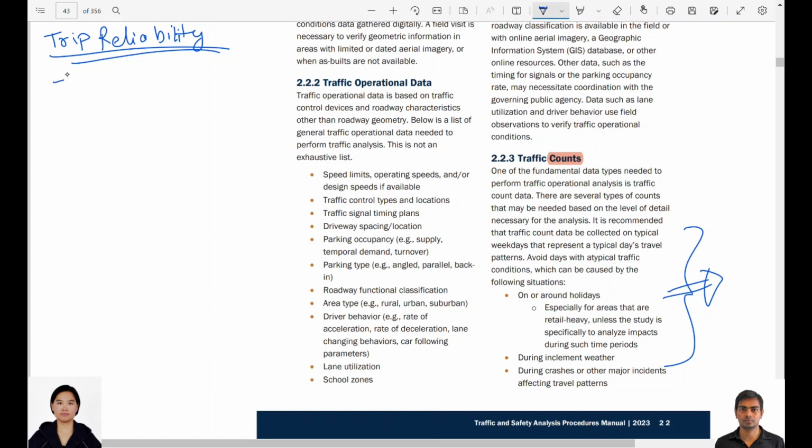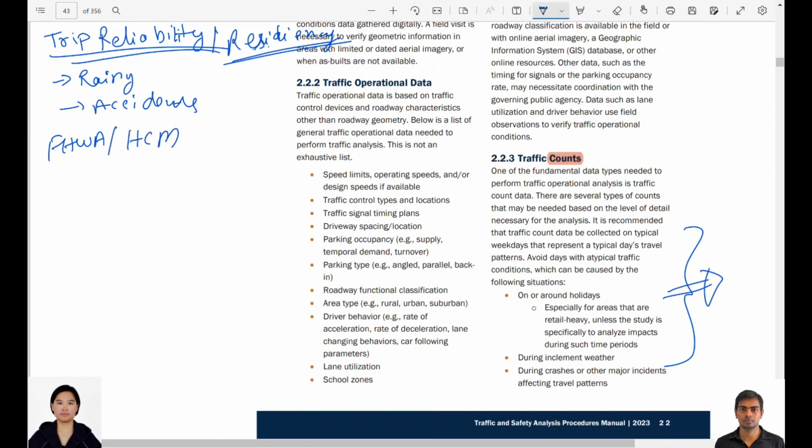So let's say the weather is rainy, then how does the travel time change, or if there are accidents. Trip reliability and trip resiliency are new terms that are being used more within the FHWA guidelines and Highway Capacity Manual guidelines.